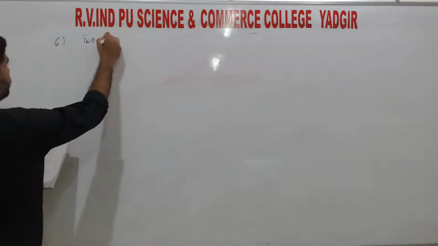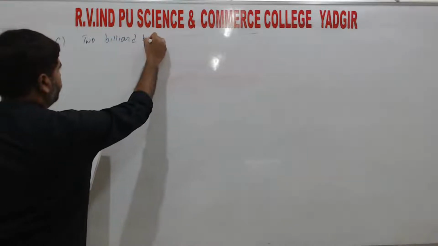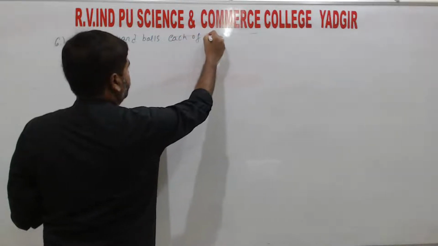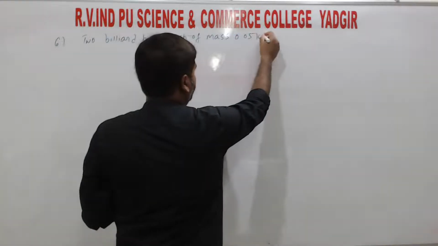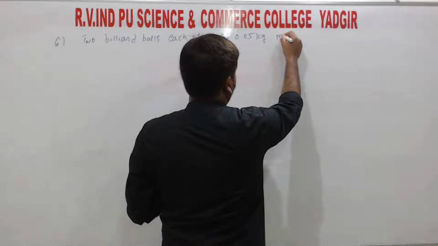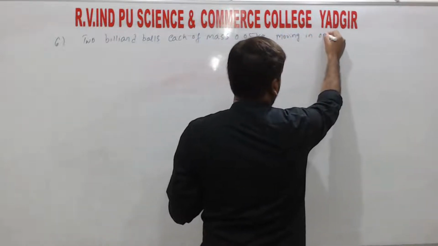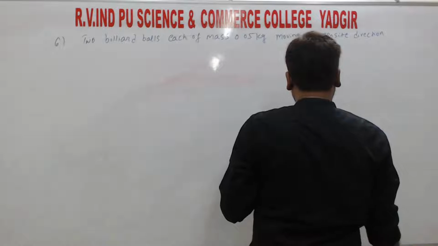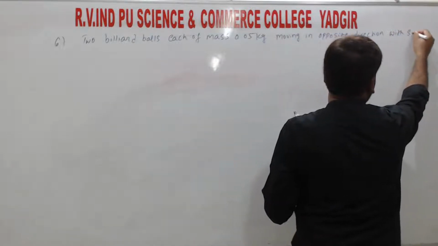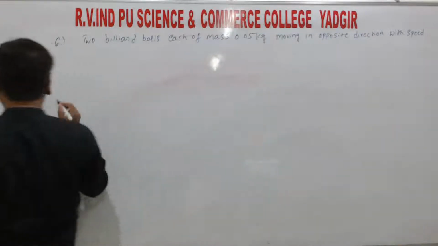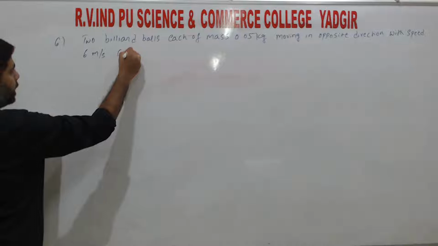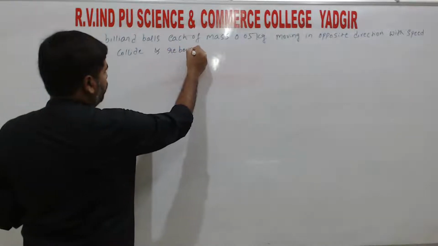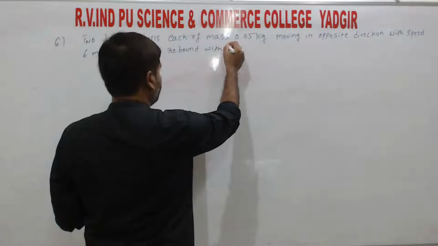Two billiard balls, each of mass 0.05 kg, moving in opposite direction with speed 6 meter per second, collide and rebound with the same speed.